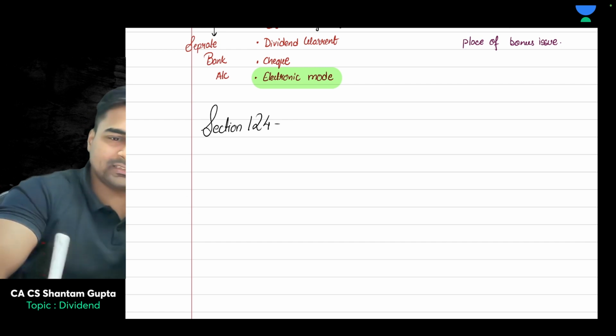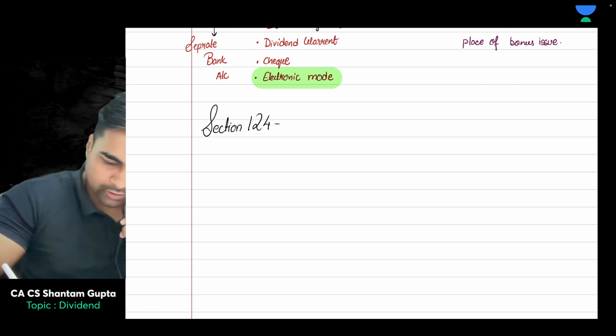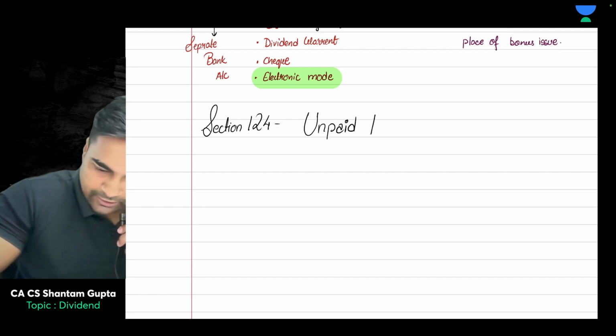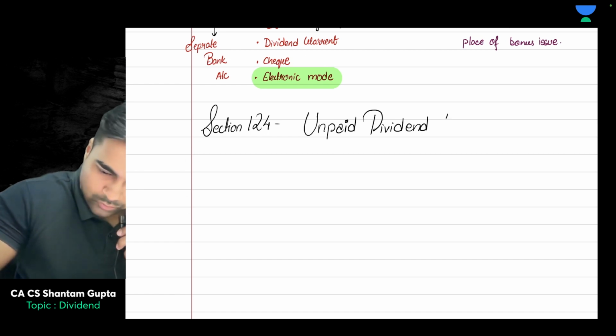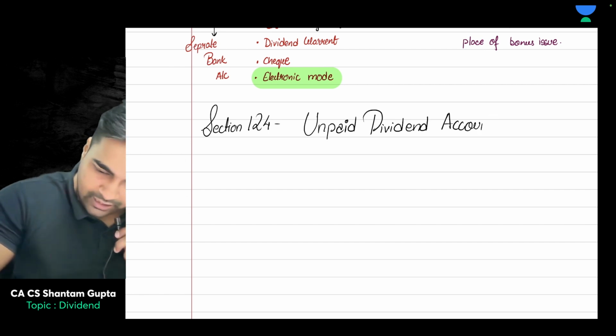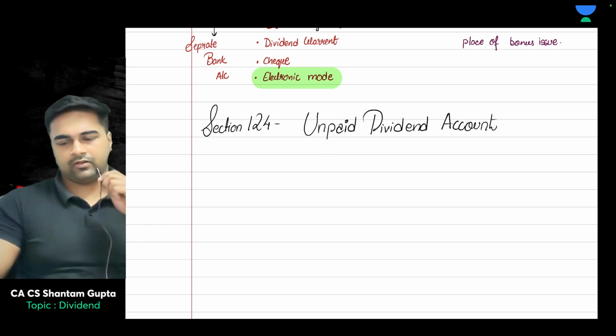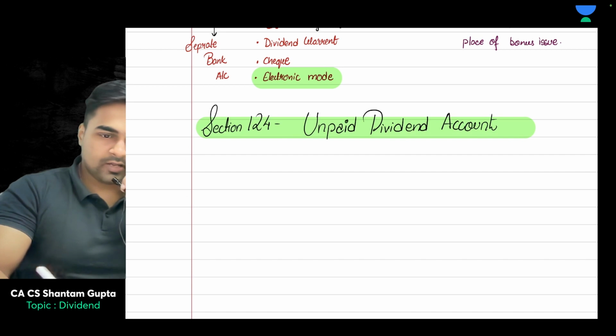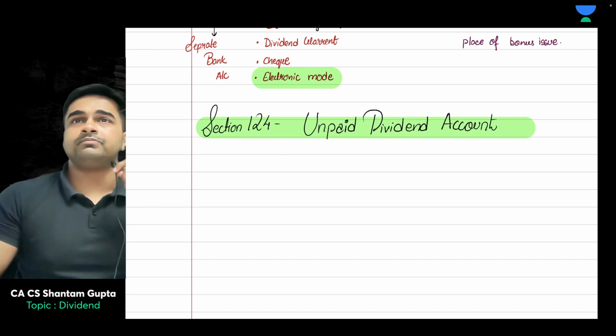And we'll draw it in such a manner that it will become small. Unpaid dividend account.